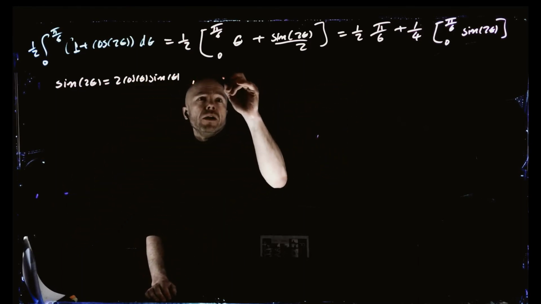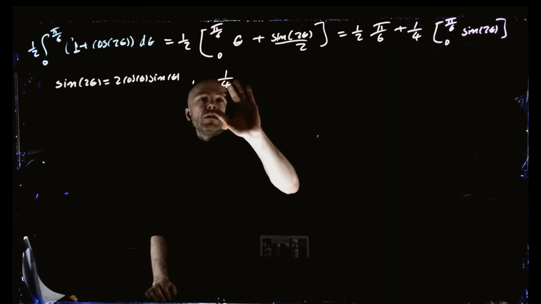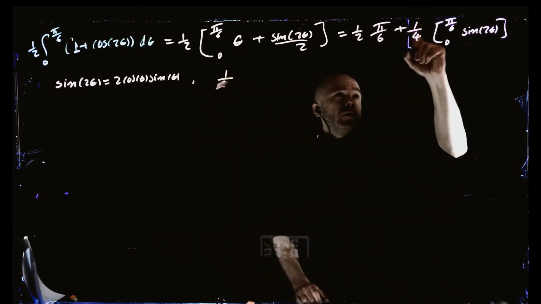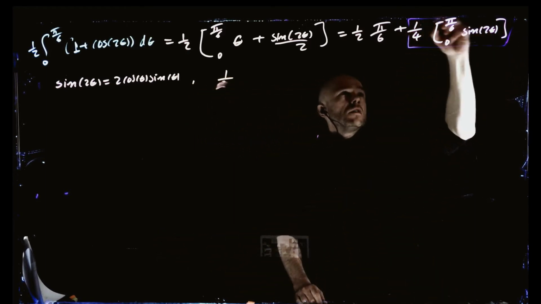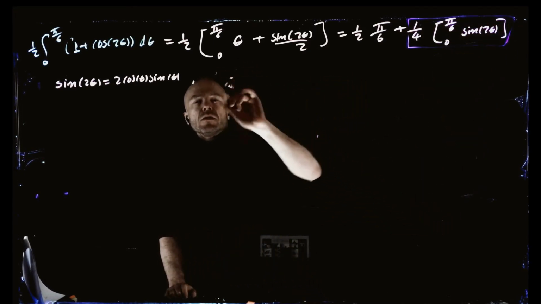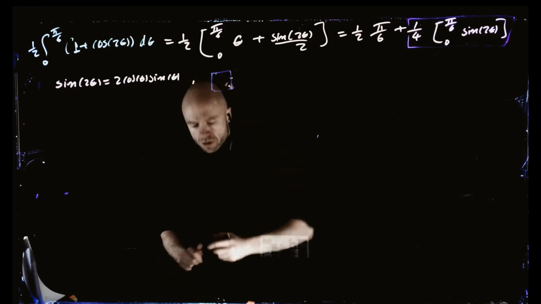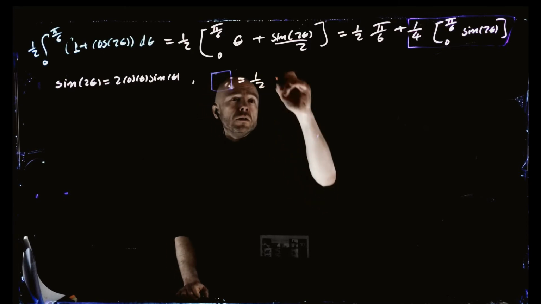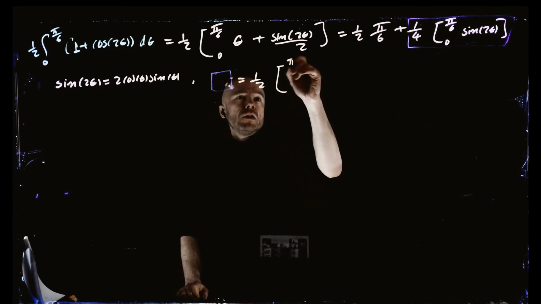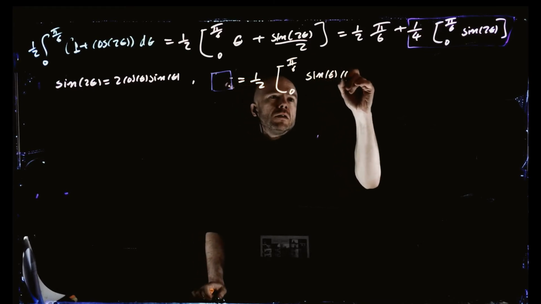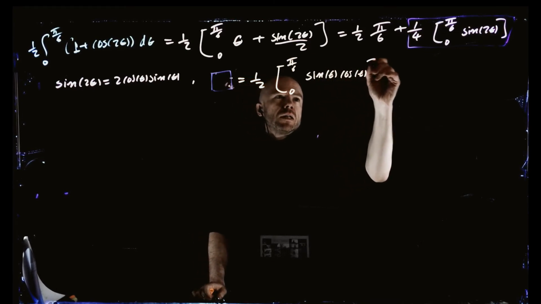So when we evaluate the 1 over 4, let's just take out this factor. Let's write this like this. This guy over here in the blue box becomes 1 over 2, and then sine of theta cosine of theta, evaluated from 0 to pi over 6.